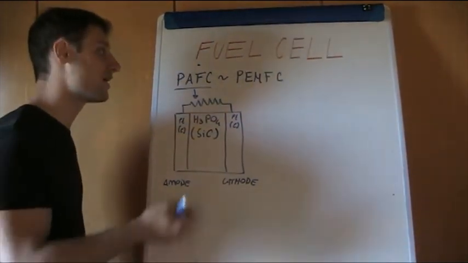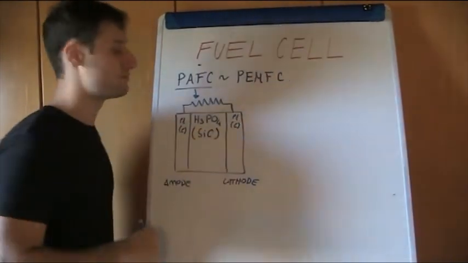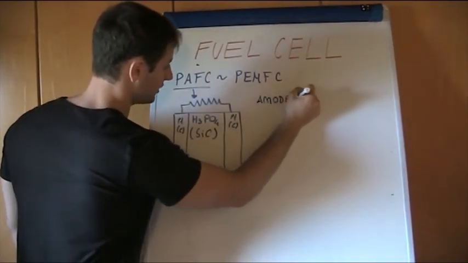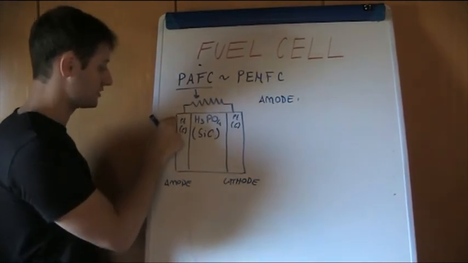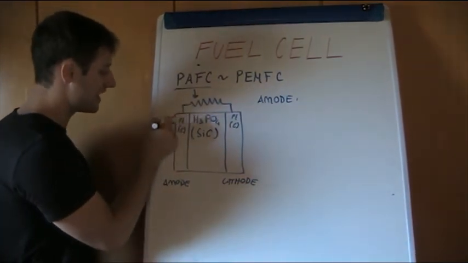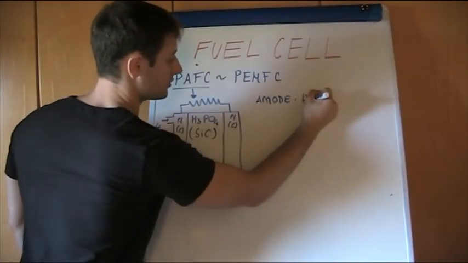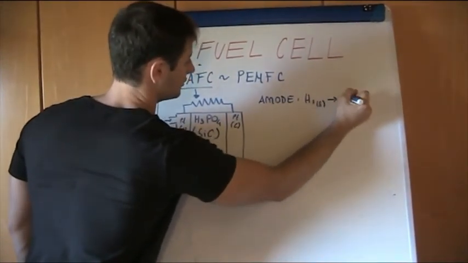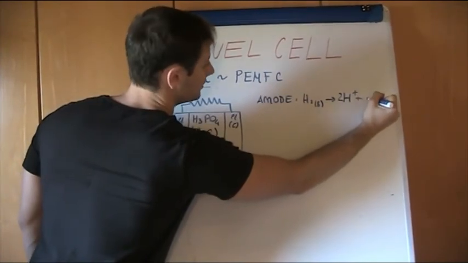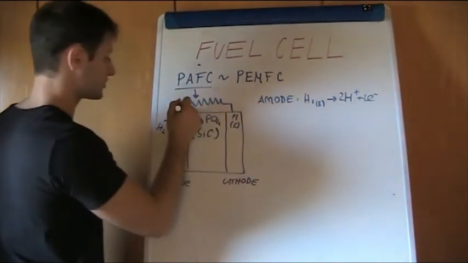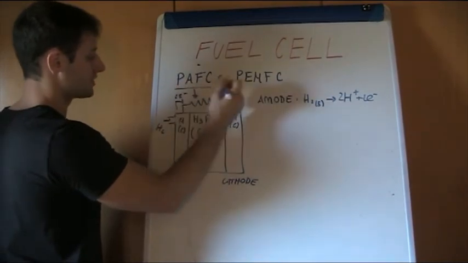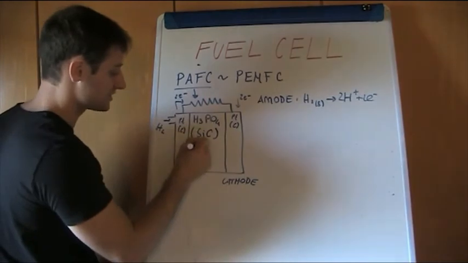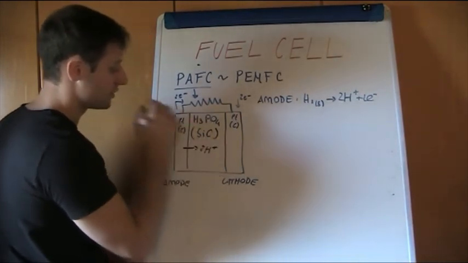So basically what is important in this case is that the reactions involved are basically the same as in a conventional proton exchange membrane fuel cell, because on the anode we have the oxidation of hydrogen that promotes the formation of H+ and electrons. Electrons are collected by the external circuit and reach the cathode, whereas H+ are released on the base.